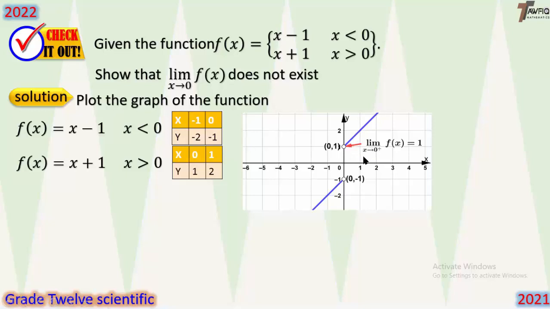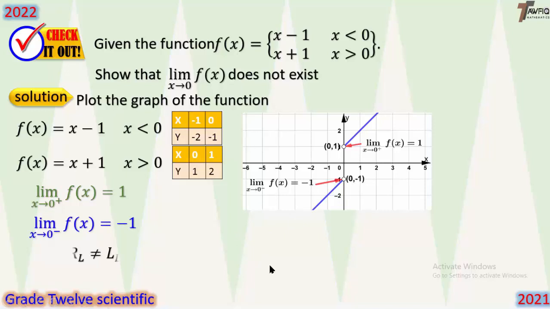Therefore the limit as x approaches 0 from the right is 1, and the limit as x approaches 0 from the left is minus 1. Because 1 is not equal to minus 1, the right limit is not equal to the left limit, and then the limit does not exist.